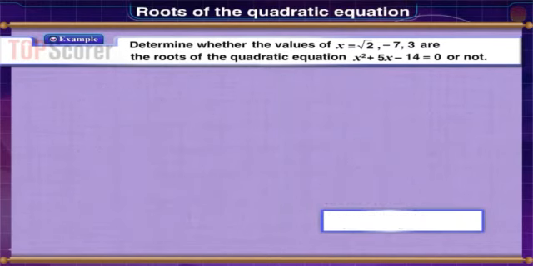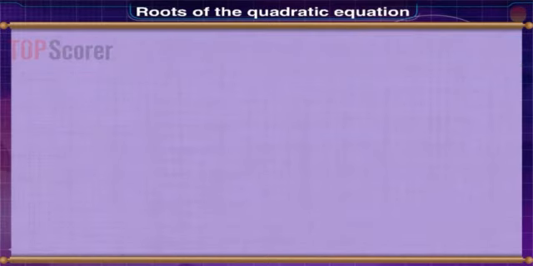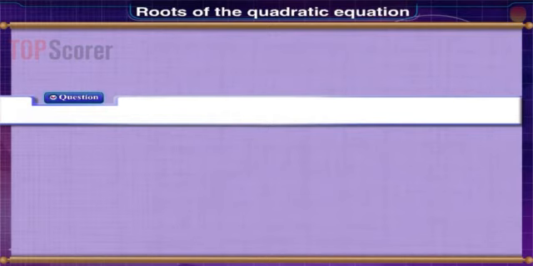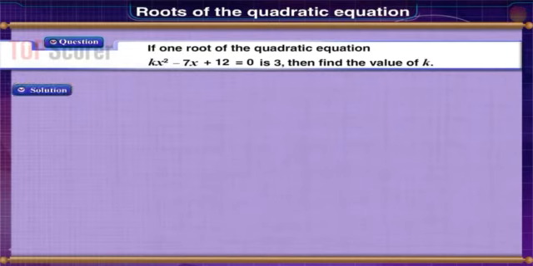Let us solve one more problem. If one root of the quadratic equation kx square minus 7x plus 12 equal to 0 is 3, then find the value of k. Since it is given that 3 is the root, the quadratic equation is satisfied for x is 3.